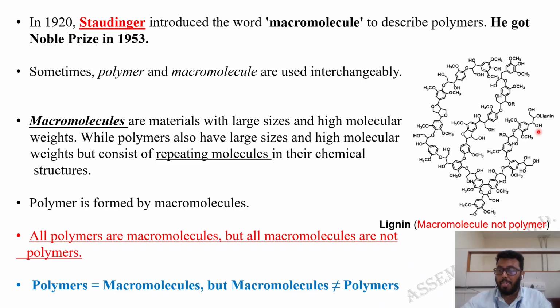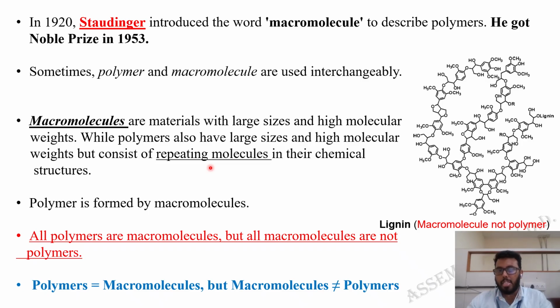Now, if you have 10 ethylene units linked together, obviously 10 into 26, 260. So the molecular mass of the polymer will be higher than the molecular mass of the monomer. So that is what I have mentioned here. Polymers also have larger size and high molecular weight. You can determine the molecular mass of a polymer by gel chromatography, that you know. But it also consists of repeating molecules.